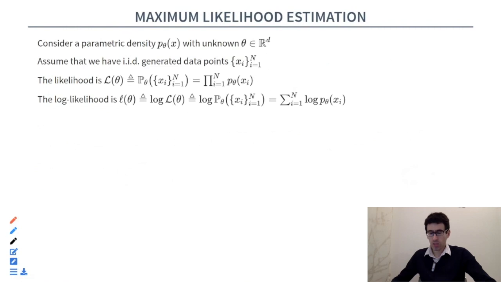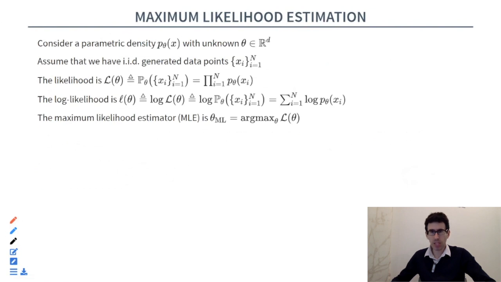Very often, we don't work directly with a likelihood, we work with a log likelihood. The reason being a log transforms a product into a sum, and that's always much more enjoyable. And so the small l of theta is a log of capital L of theta, so it's a log likelihood. It becomes the sum from i equals 1 to N of the logarithm of the distribution p theta with an unknown theta of xi.